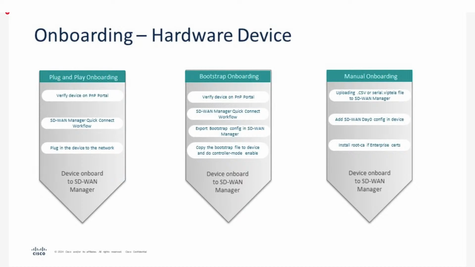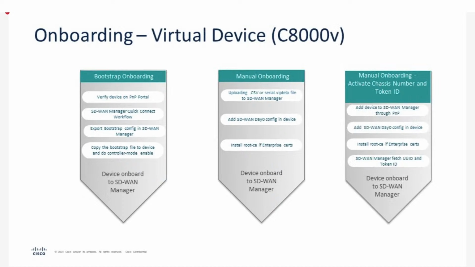Now the next one is the virtual devices. Again, we have three methods. Most of the things are the same, except that in a virtual device there won't be any serial number which is attached, right? So in this case, we have to do a manual method here, wherein we have to activate.